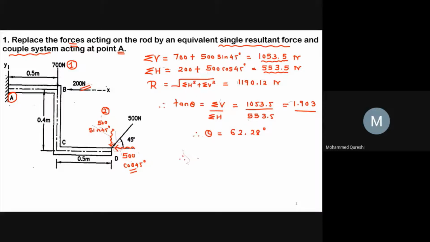Therefore, see here, the value of sigma V is in downward direction, and value of sigma H will be over here. Hence your resultant will be in the third quadrant.